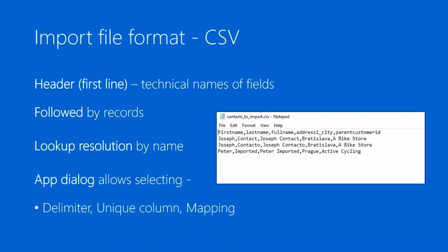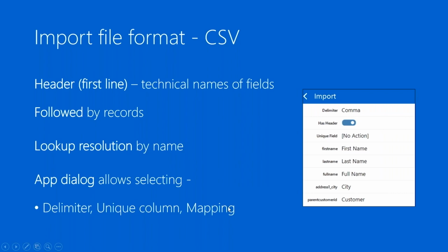We also have lookup resolution, so you can see the last parameter is a lookup field, right? And that one we use by name. So if you provide the name, the application tries to match this to an existing customer record. If you go and do this in the mobile app, there will be a dialog during the import process, and there you select what is the delimiter, so what is used to separate the values.